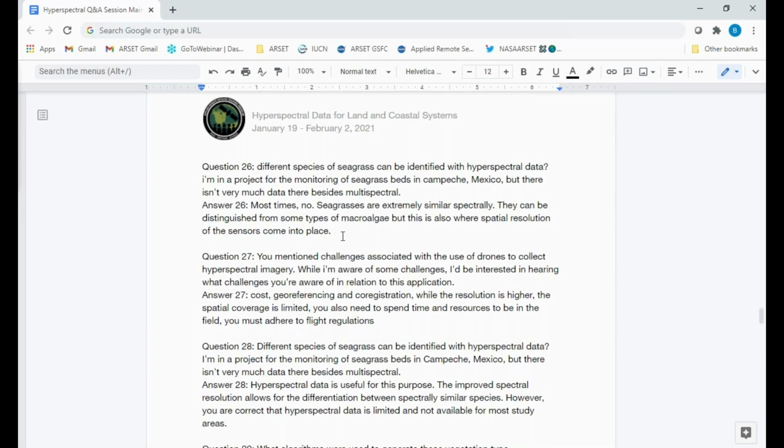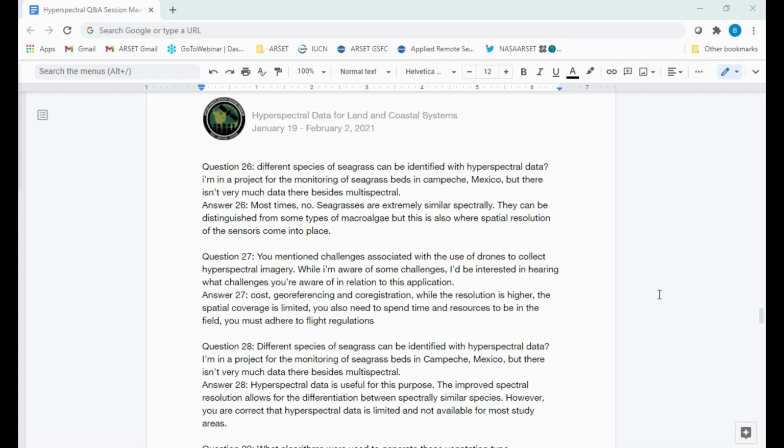The different species of seagrass, can they be identified with hyperspectral data? I'm in a project monitoring seagrasses in Campeche, in Mexico, but there isn't very much data besides multispectral. Most times with seagrass species, based on my experience, it's really hard to distinguish them spectrally. They are extremely similar spectrally.